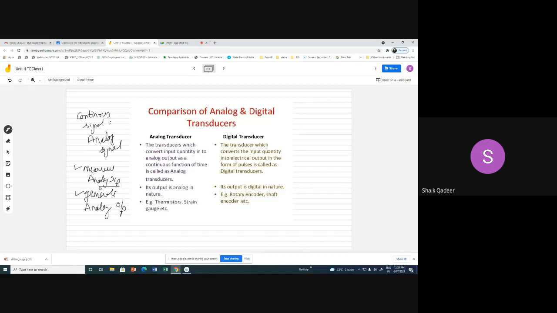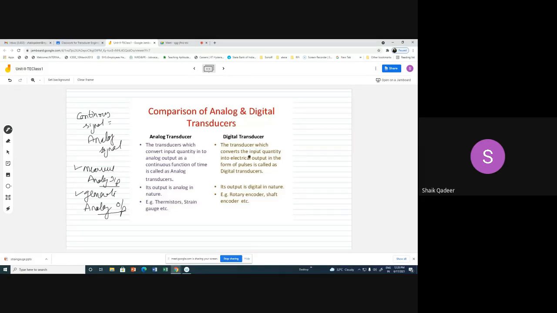Is it clear to everybody? Yes, sir. Very simple. It measures the analog signal in its actual form and generates output again in analog form. Examples of analog transducers are thermistor and strain gauges. We are going to see strain gauge next, and at that time we will discuss what strain is.